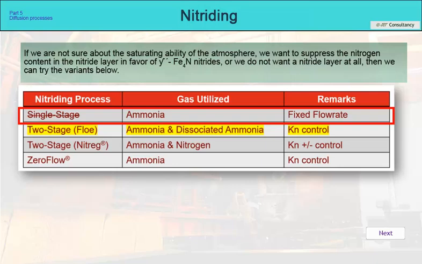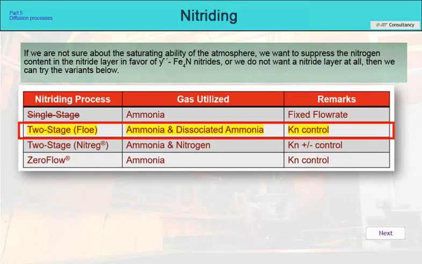This process can be controlled only to a limited extent. Two-stage process control in combination with ammonia and a cracker allows to reduce Kn below 1 and to continuously regulate the nitriding number values. The addition of hydrogen from the cracked ammonia reduces the nitriding number.